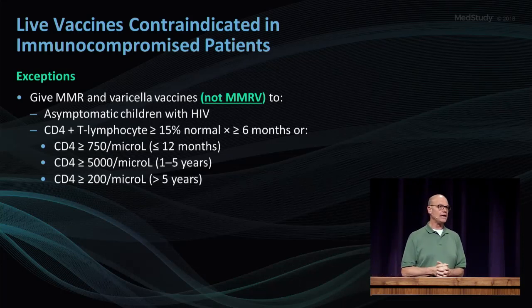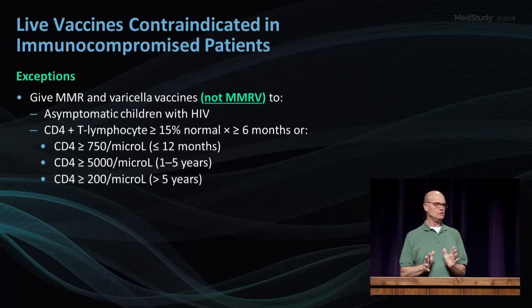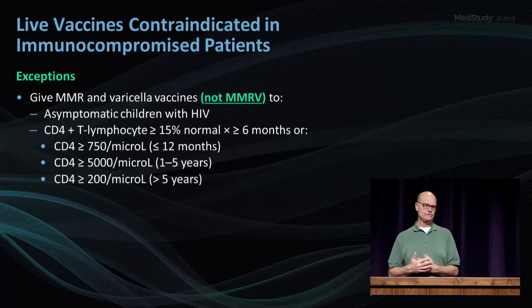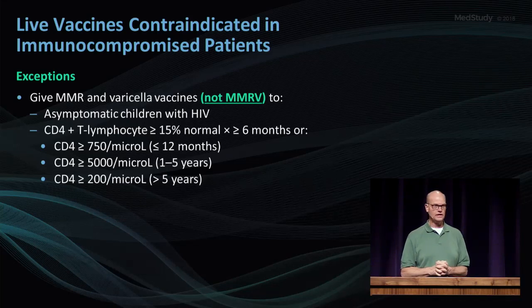And what makes a child asymptomatic is defined there for you, and that's in regards to CD4 counts. But if you are described an HIV patient who's doing well and thriving, and it's due for these 2 live vaccines, then you can go ahead and give it.